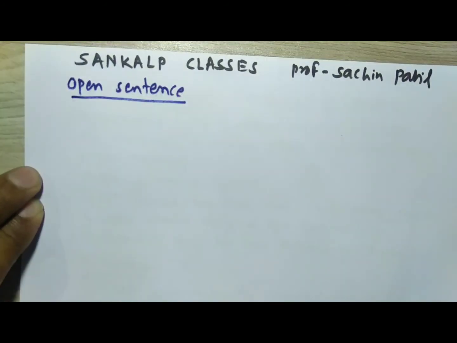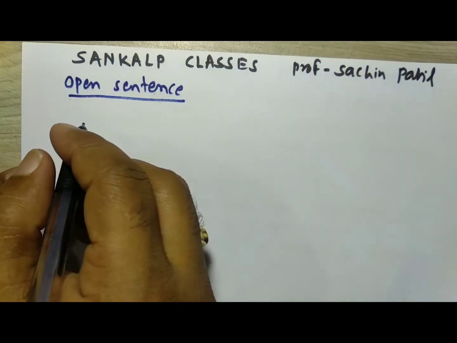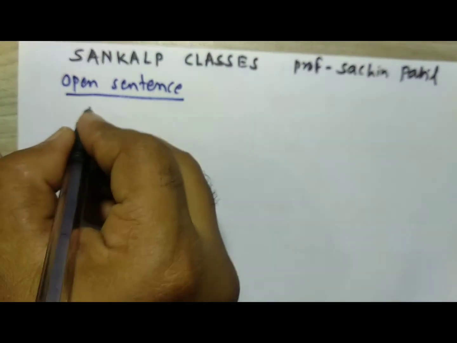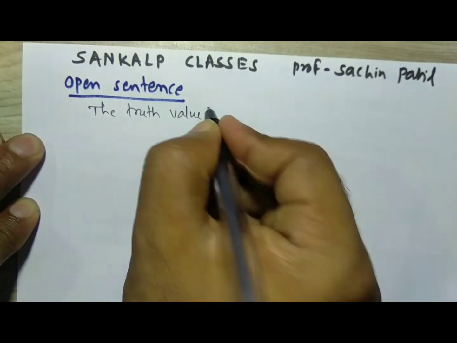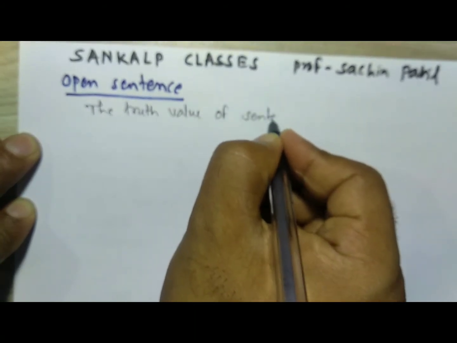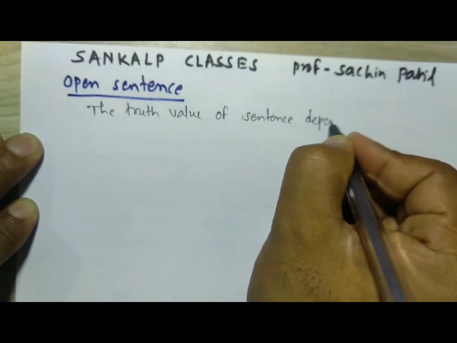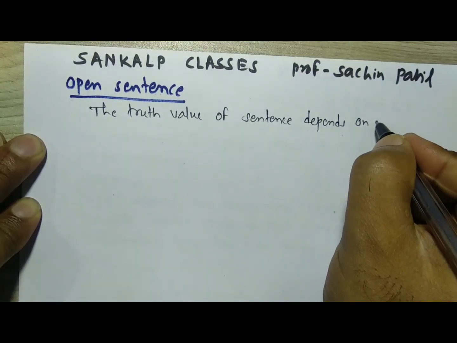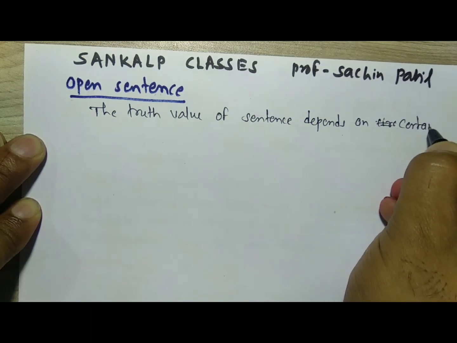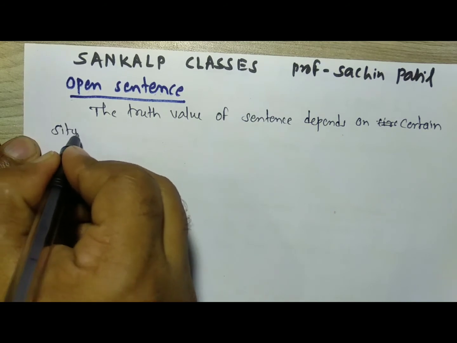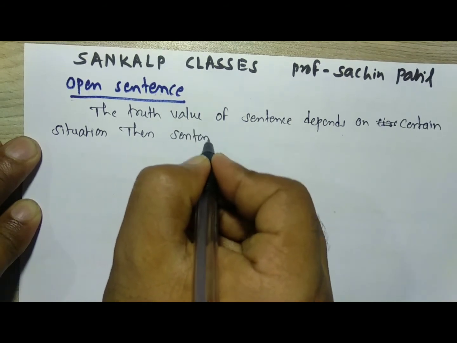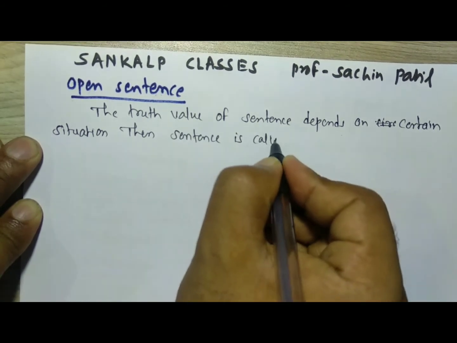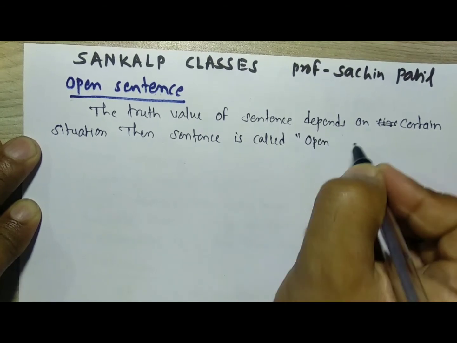An open sentence is nothing but a sentence whose truth value depends on the situation. If the truth value of a sentence depends on a certain situation, then the sentence is called an open sentence.